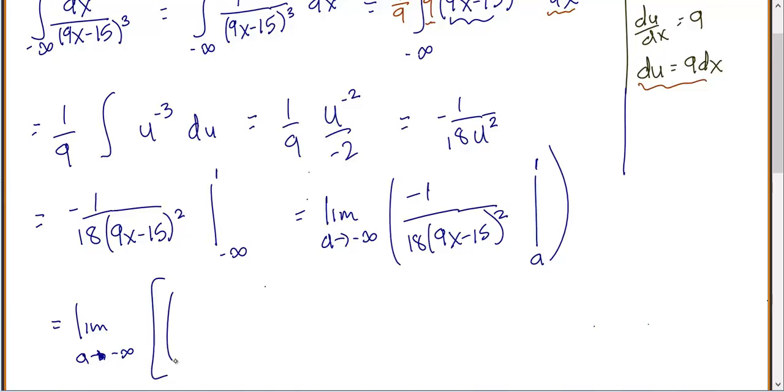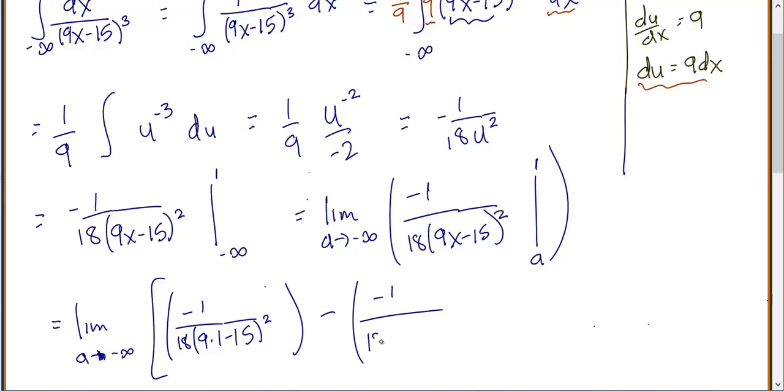We want the limit. Let's plug in the top limit first. So it's negative 1 over 18 times (9 times 1 minus 15) squared, minus negative 1 over 18 times (9 times a minus 15) squared.